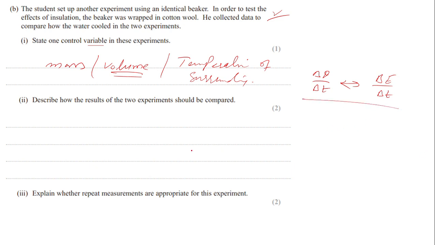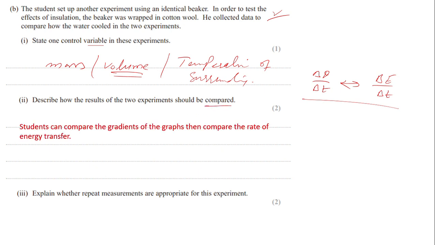Or you have more choices to write here. You can compare how fast temperature is decreasing in equal intervals of time, or how long it is taking for equal change in temperature. So you have many options to test your idea or to compare your result.